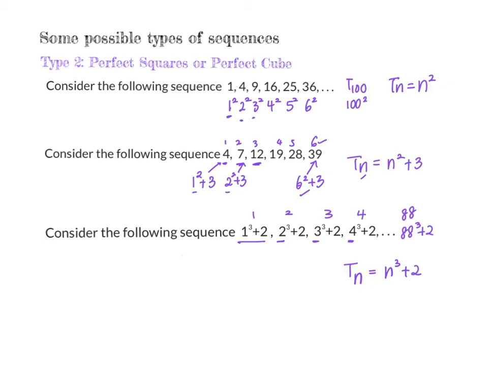Let's look at other types of questions. Example number 2. Consider the following sequence: 7, 14, 21. Don't they look very familiar? Well, 7 is 7 times 1. That's term 1.